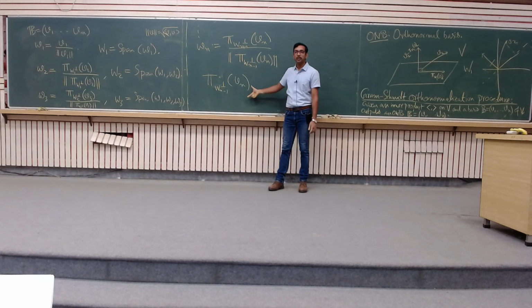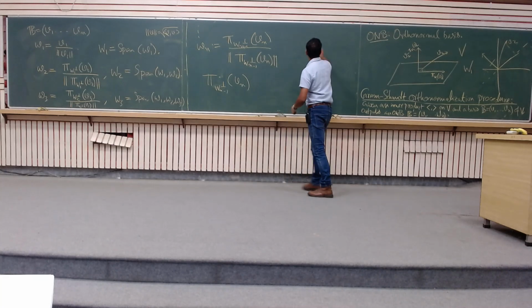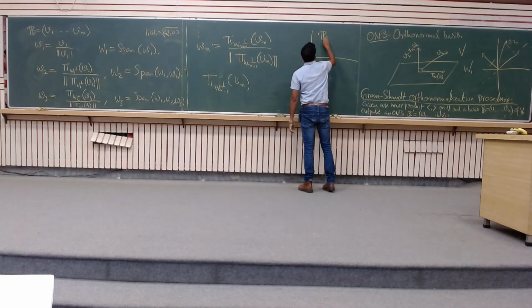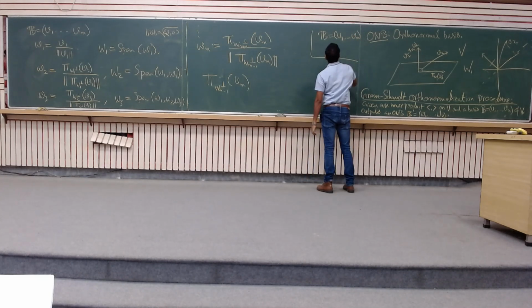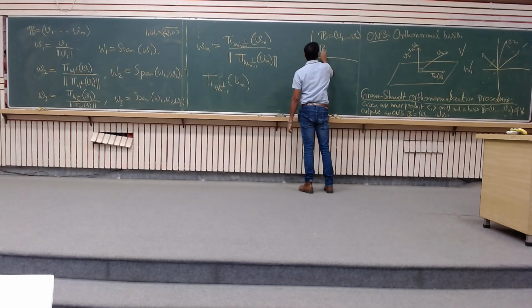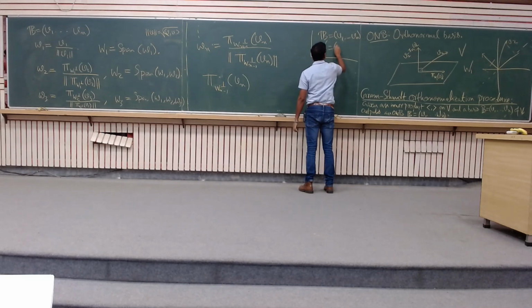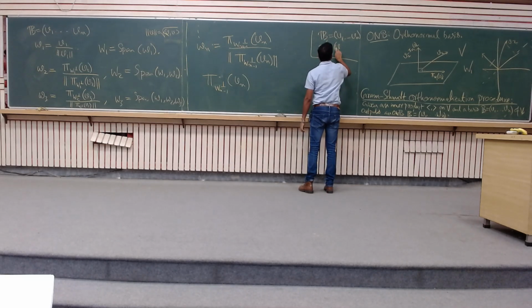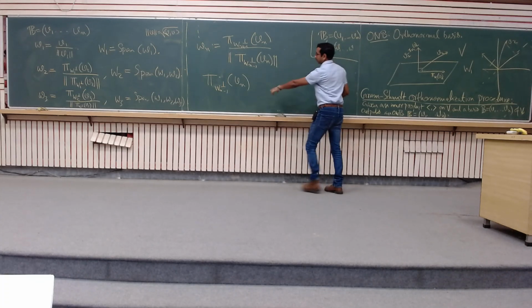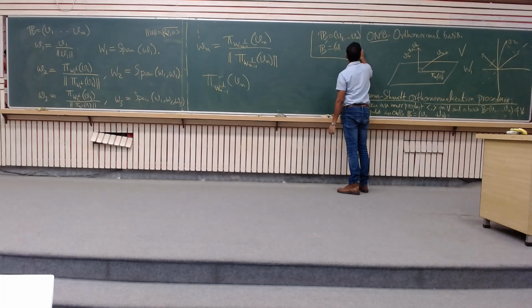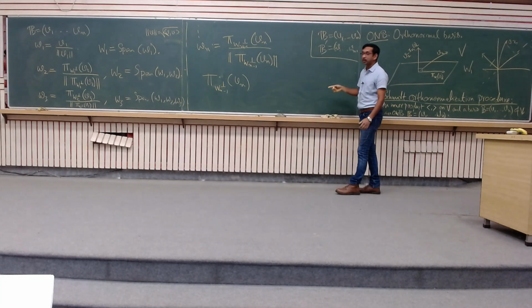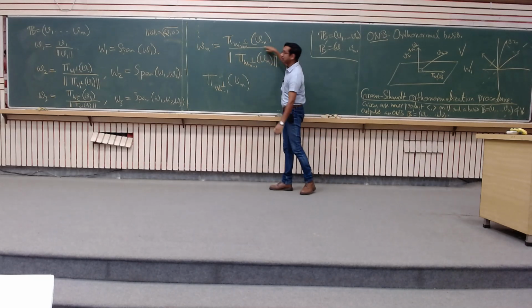So how are we going to write this? Because we are given a basis B equal to v1 to vn, and we are forming B dash equal to w1 up to wn. Before we have defined this, we just have this up to wn minus 1. We have not yet defined what wn is, because we are defining wn in this manner.